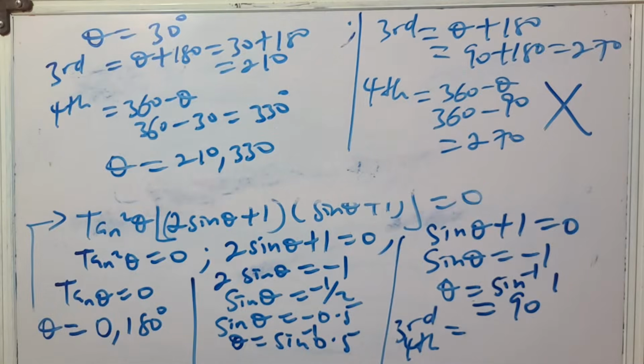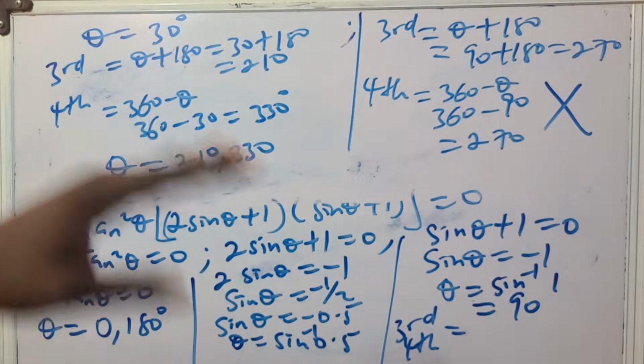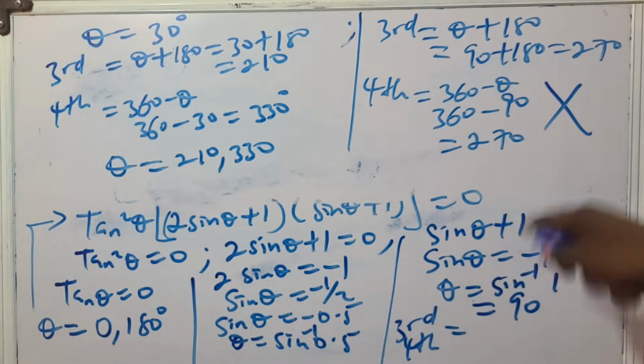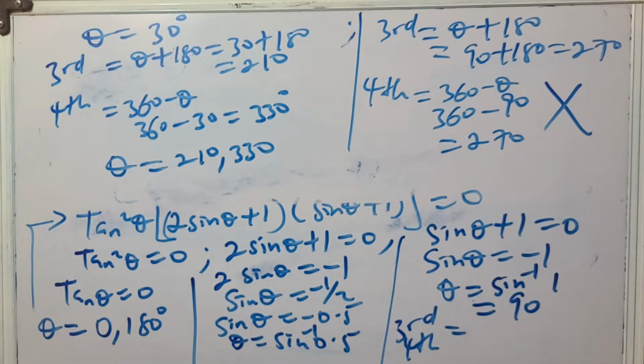Guys, can you follow what I'm saying? This is why you cannot have 270 as one of your answers, because tan 270 is undefined. If you press tan 270 on the calculator, it gives you undefined. So that's the reason we will not feature it in our answer. Please always be very careful of this. So 270 is removed from our result set.